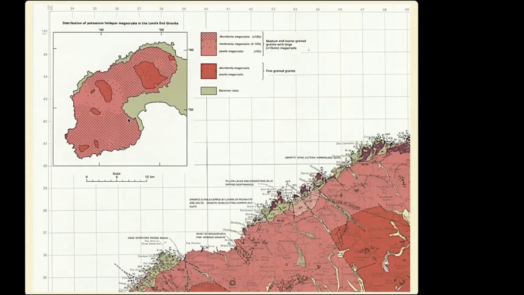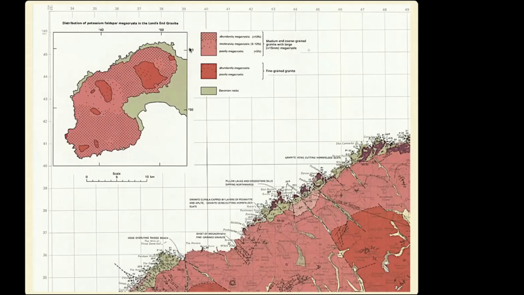But then the dots are the amount of megacrysts, and I'll show you what these are in a minute. So lots and lots of dots is abundantly megacrystic, and then you've got moderately and areas where there are no megacrysts at all. And even the fine-grained granite, you get fine-grained granite, some of which has no megacrysts in it, and some of which, well, they do. They have some. So there's quite a lot of variability.